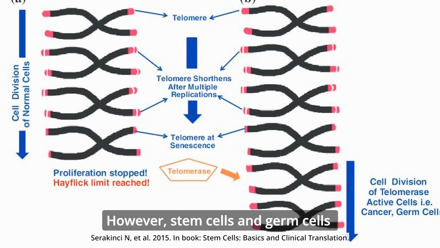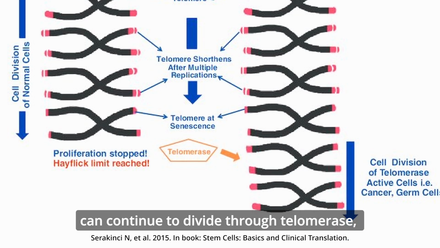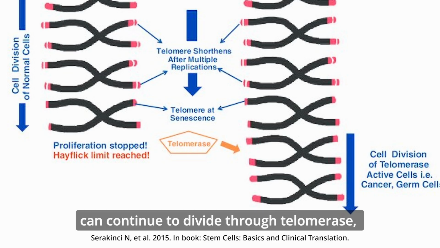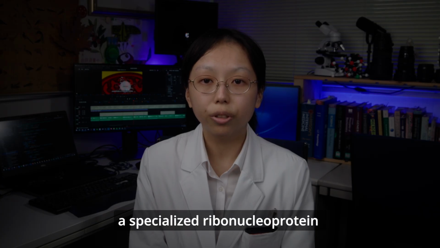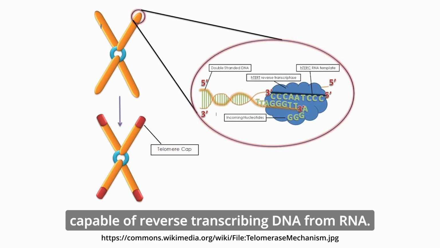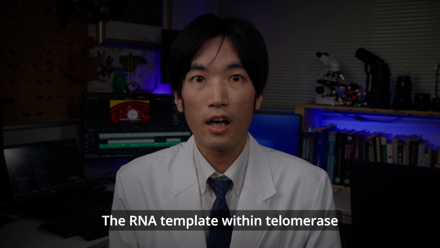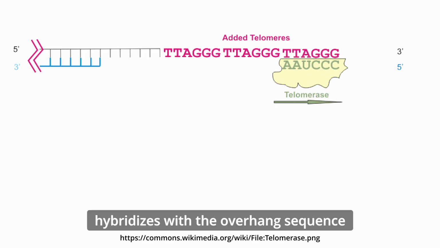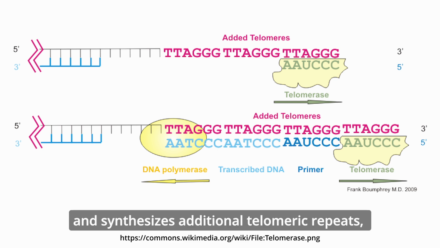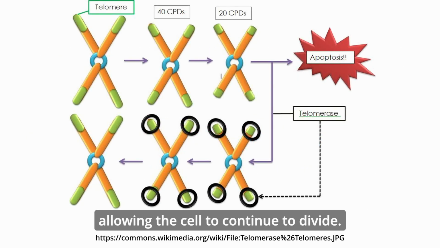However, stem cells and germ cells can continue to divide through telomerase, a specialized ribonucleoprotein capable of reverse transcribing DNA from RNA. The RNA template within telomerase hybridizes with the overhang sequence and synthesizes additional telomeric repeats, allowing the cell to continue to divide.